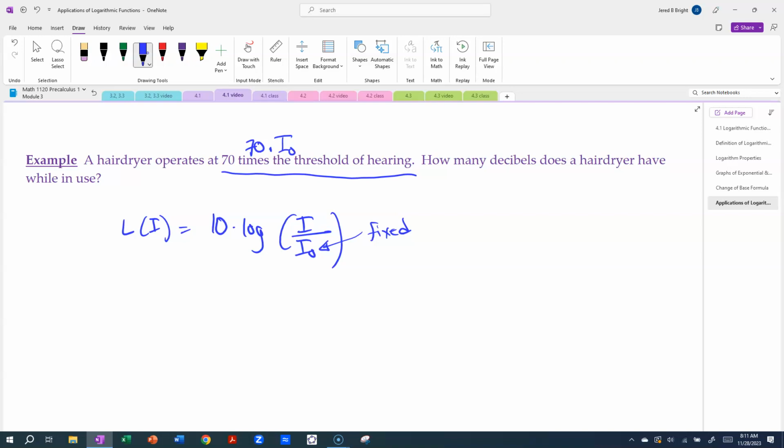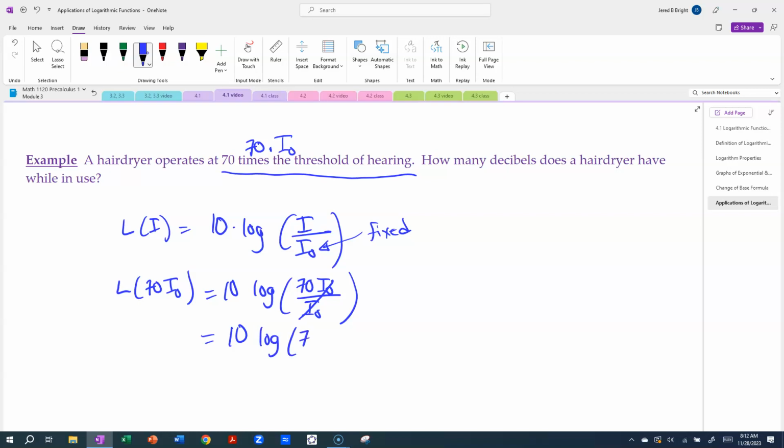What I need to do here is find the loudness, or the decibel measurement, of a sound that is 70 times the threshold of hearing. So 10 log of 70 I0 over I0. Those are going to reduce, and so I get 10 times log of 70.